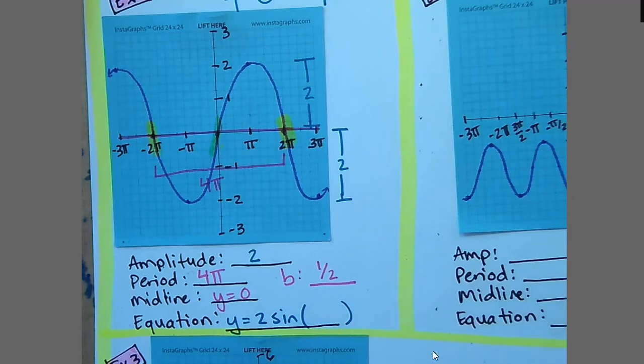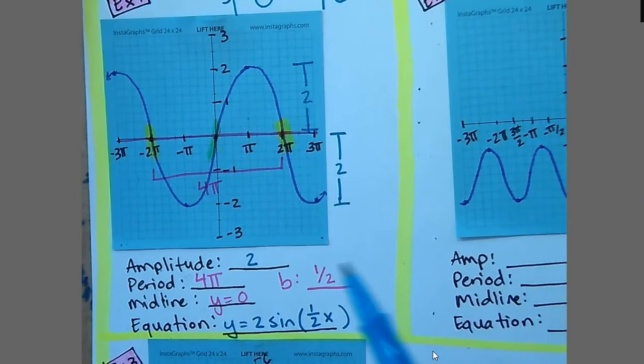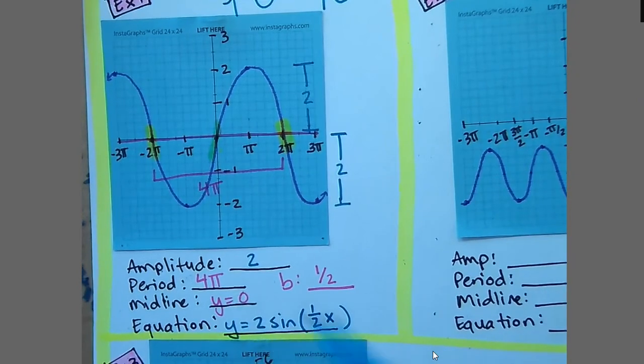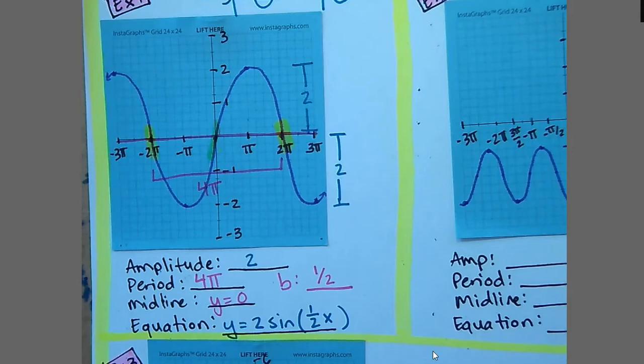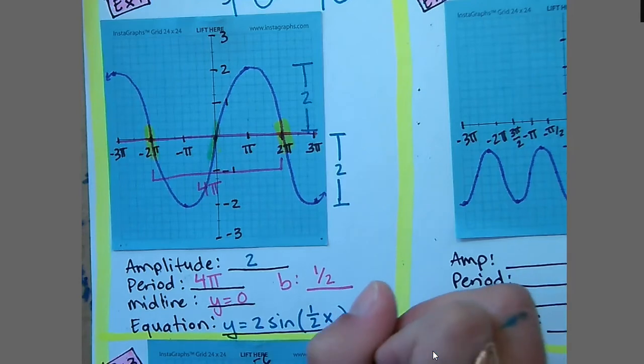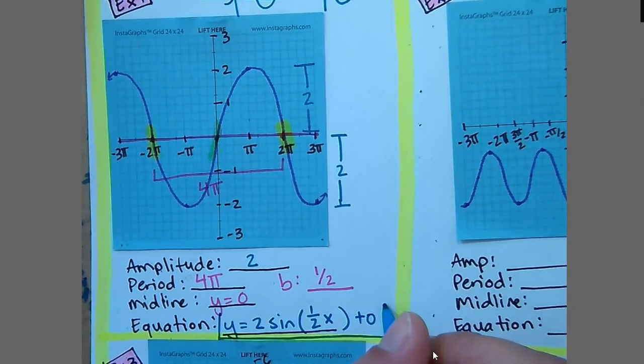And then in the parentheses, we're going to put the number of waves in 2 pi, which is this b right here. It's half of a wave. So 1/2 x and then plus the midline on the end. So this is plus 0. But since it's plus 0, I actually don't have to write this 0 here. But let's just go ahead and write it. Okay, so this is your equation of the line.